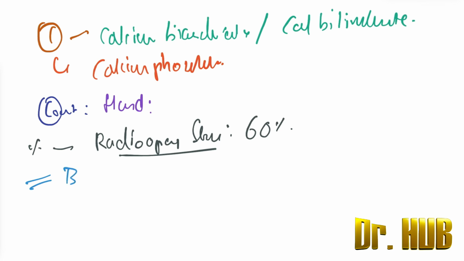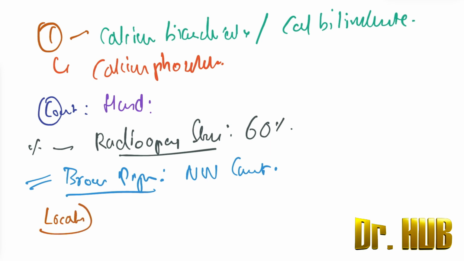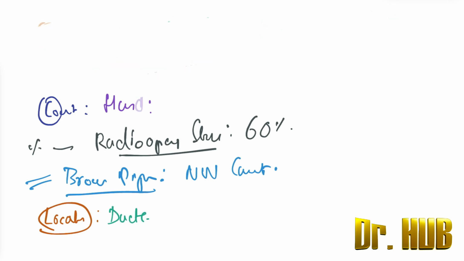Lastly, we look at the brown pigment. Brown pigment is present in the non-Western countries, that is the NWC. So let's look at the location. In terms of the location, it includes the ducts. Then let's look at the risk factors.